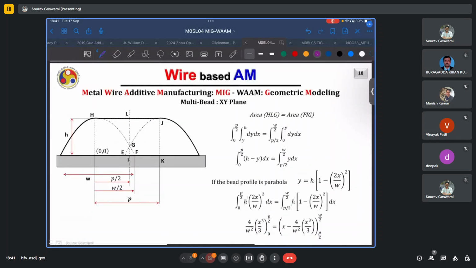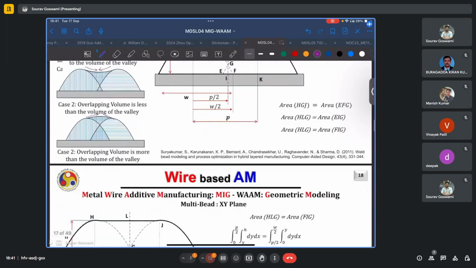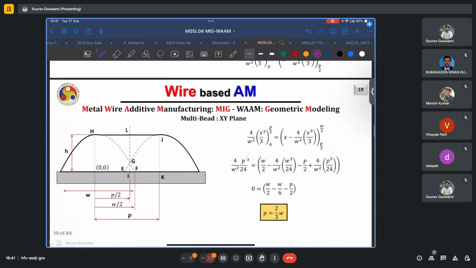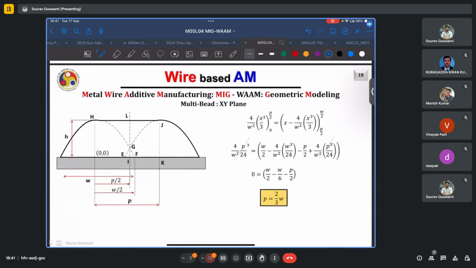And this is achieved by certain geometric similarities and equality. And the final outcome suggests that the optimal step over, as shown by P here, which is nothing but the center to center distance between two adjacent beads, should be equal to two-thirds the bead width.